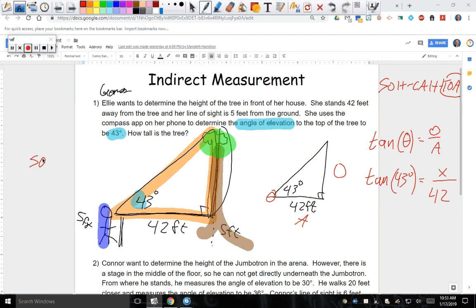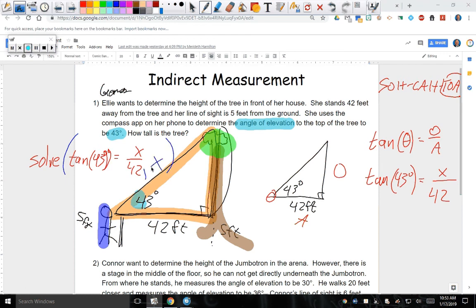What do you think? Just the regular solve, because it's not an angle that you're looking for. Nicely done. So we're going to use the solve feature: tangent of 43 degrees inside is equal to x over 42, and we're going to comma, what do we put right here?